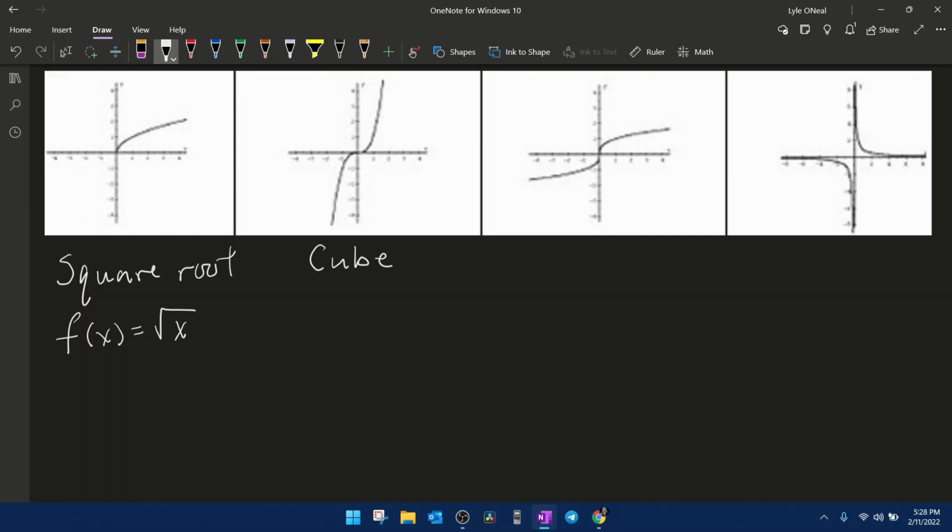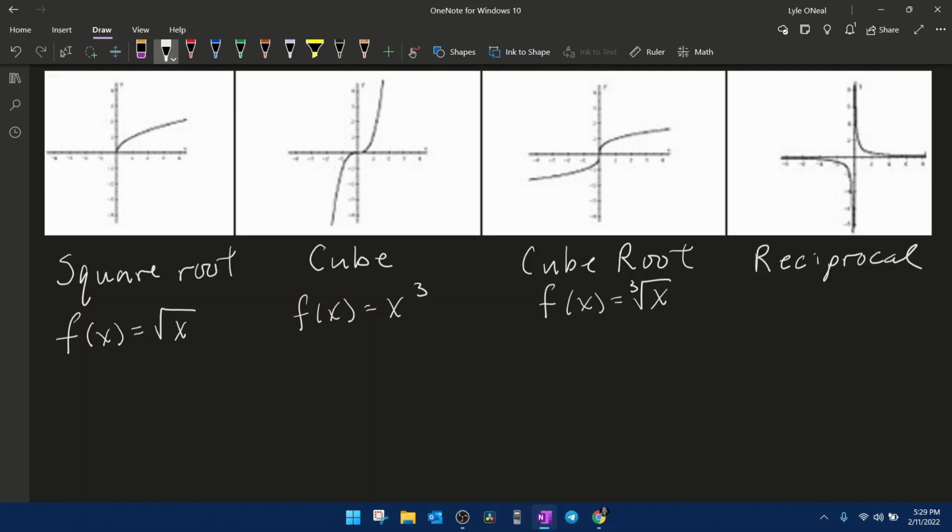Next we have a cube function where we have f of x equals x to the third power. Next we have our cube root function.